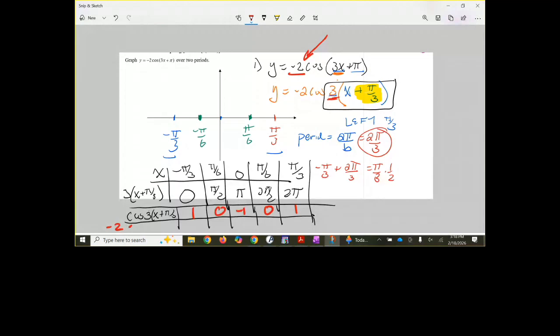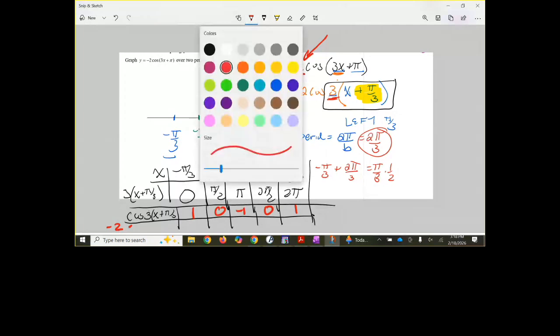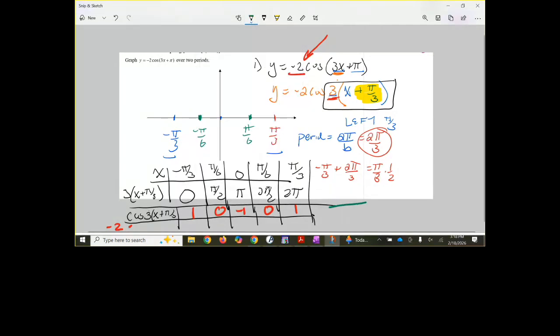We got something in front of the cosine in our original problem. We got a -2. Okay, all we're going to do, I would actually write out -2 cosine of 3, but I ran out of room, so I'm just going to put -2 times. Why? Because all I'm going to do now, my friends, is take each of those numbers right there and multiply each of them by -2. -2, 0, +2, 0, and -2.